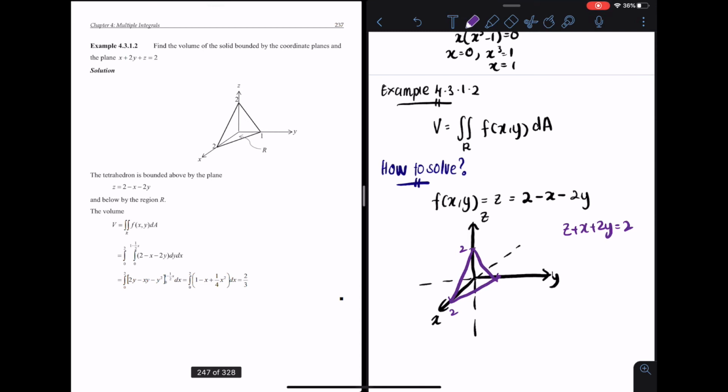So when we try to determine the volume by using double integral, you have to be able to determine where the region is, and always remember region R always lies in a 2-dimensional coordinate system.